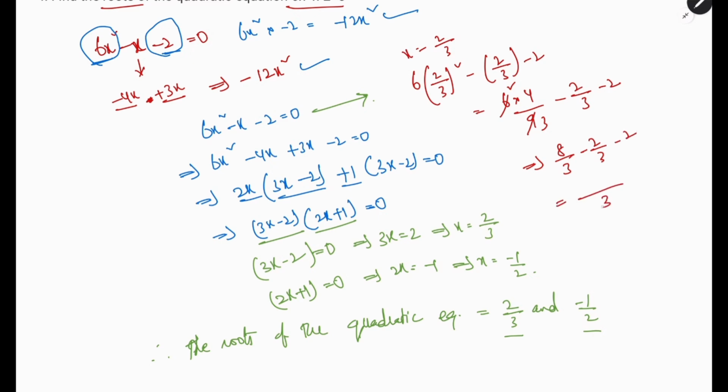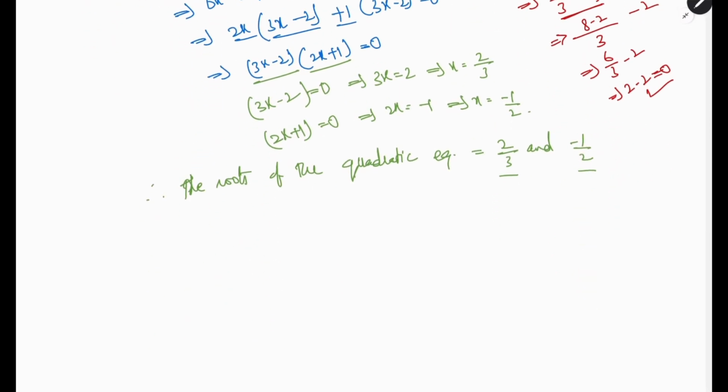Take LCM 3, and 8 minus 2 minus 2. Here it is 6 by 3 minus 2, that is 2 minus 2, which is 0. So this is correct.